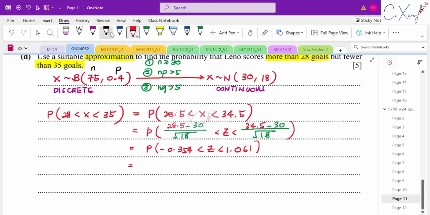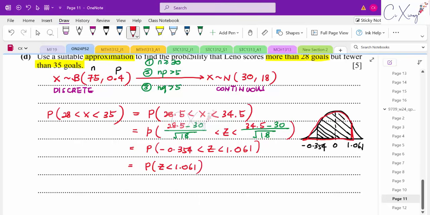Okay, then now I want to calculate the probability. If I draw the diagram, what I am interested in is the area. This is 0. I want to find the area between negative 0.354 and 1.061. So this is the probability that I want to find. If I want to write the steps properly, I take this particular red color area, which I write as z smaller than 1.061.